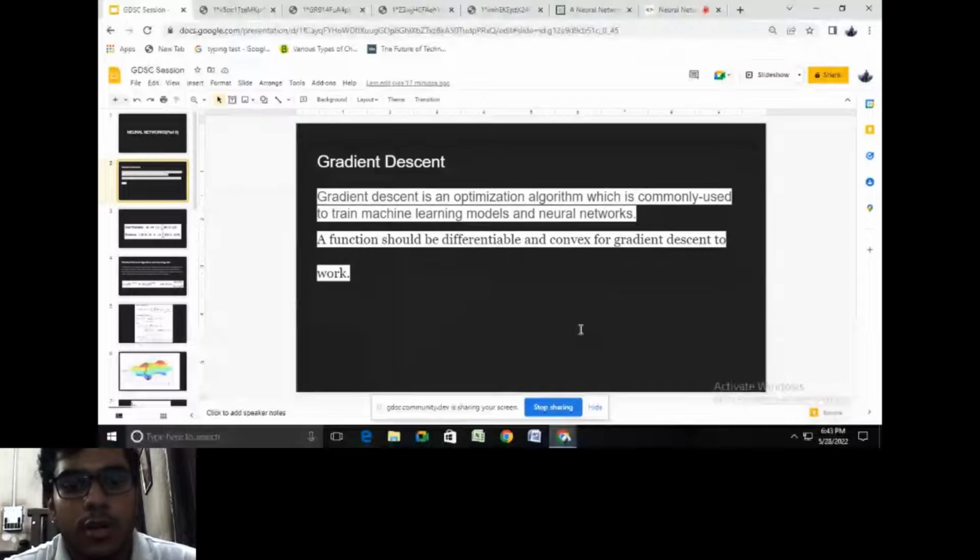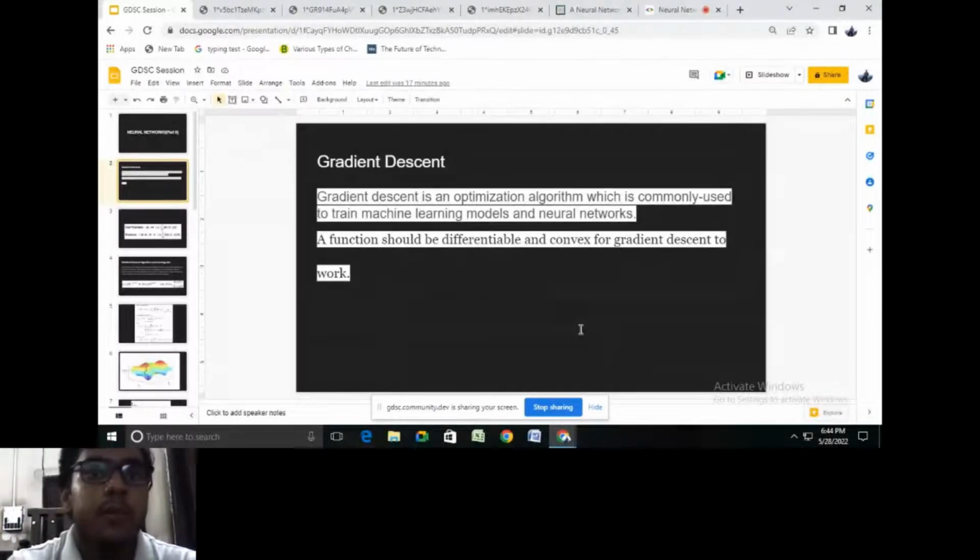To predict the function for which we want to build a model, we have to have some optimization algorithm. Why? Because when we start off with building the model, obviously the results would be pretty much with error.